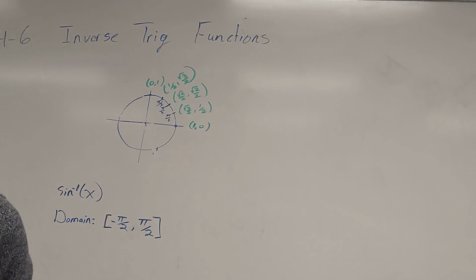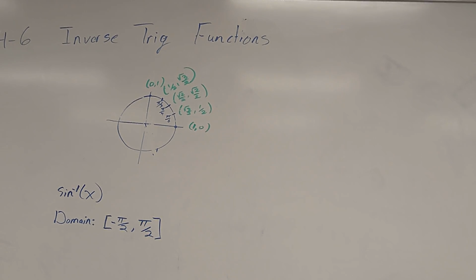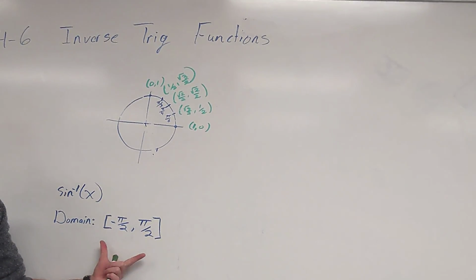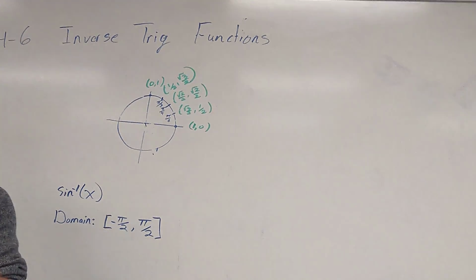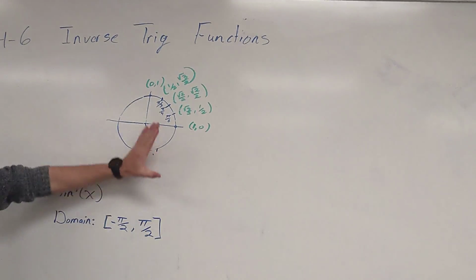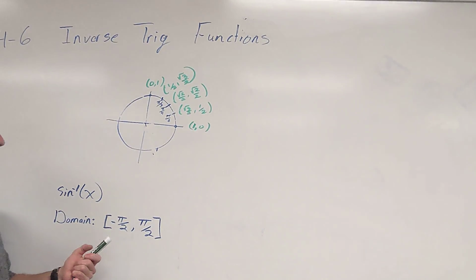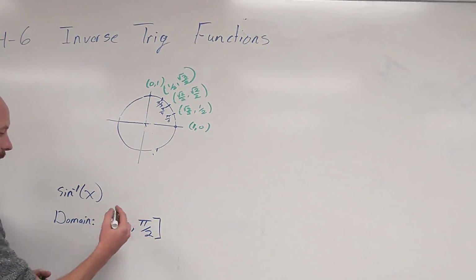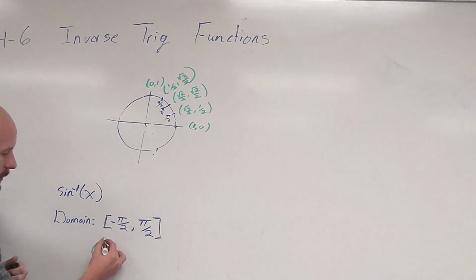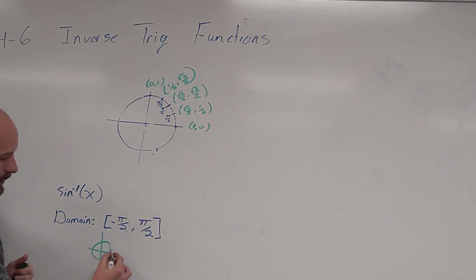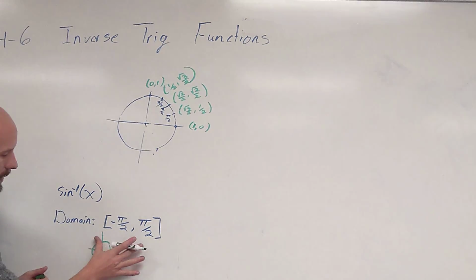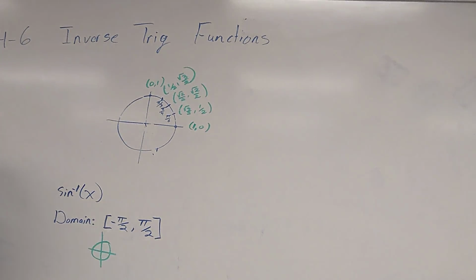On this interval, sine is one-to-one, meaning it is a function and its inverse is a function. You can think of it on the unit circle as only being the right half. So on that interval, we're only going to get one answer.